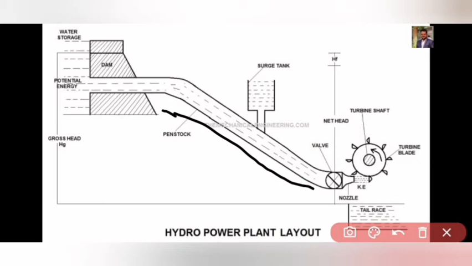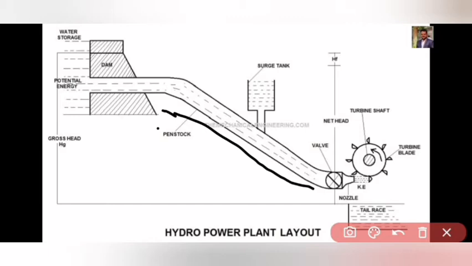Basically we should discuss the penstock. Normally the penstock diameter is 2 to 3 meters, almost 10 feet. It's a huge pipe that comes from the dam to the turbine house. Before going to the turbine house, the penstock has a valve, which when opened lets the water go through the nozzle to the turbine.